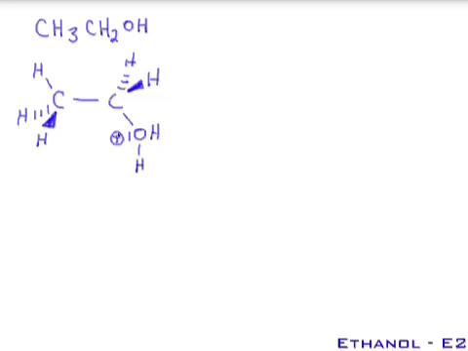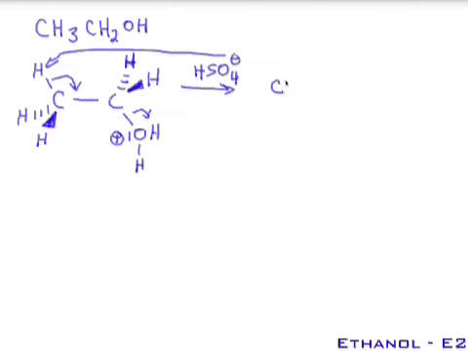My HSO4 minus will come on the protonated alcohol acting as base, and I'll attack that proton. These two electrons will go here, and water will leave. And so I'll get ethene plus H2O.